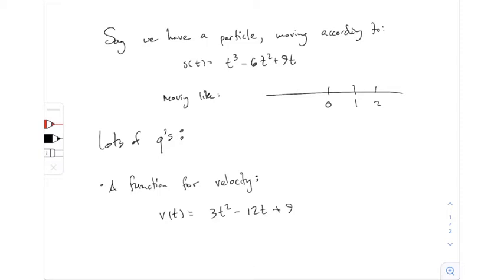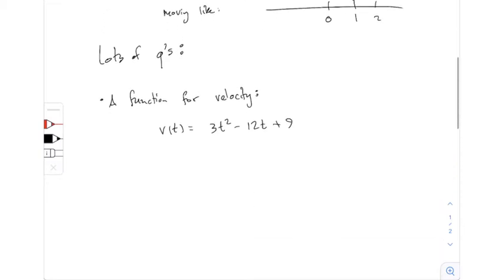All right. How about another specific question? How fast is it moving? Let me say more specifically, how fast and in what direction, left versus right, is it moving at time equals 2 seconds?